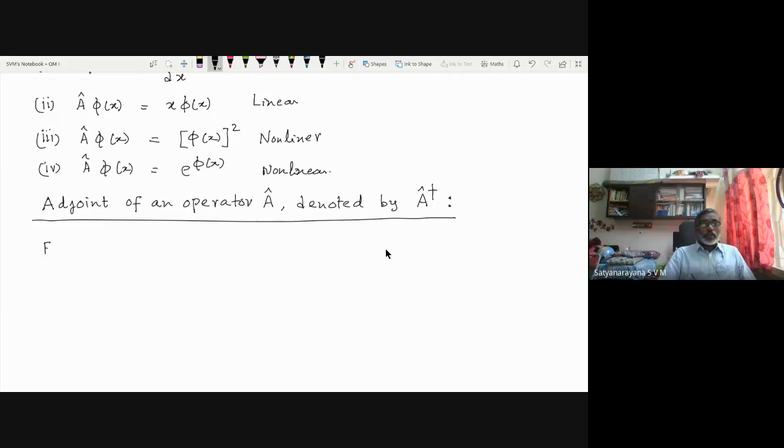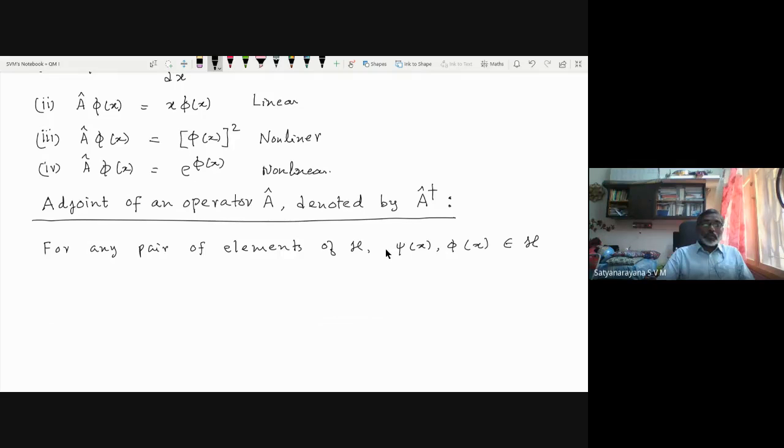Now for any pair of elements of Hilbert space, say psi of x and phi of x in Hilbert space H, you take psi of x and then operate A on psi of x.